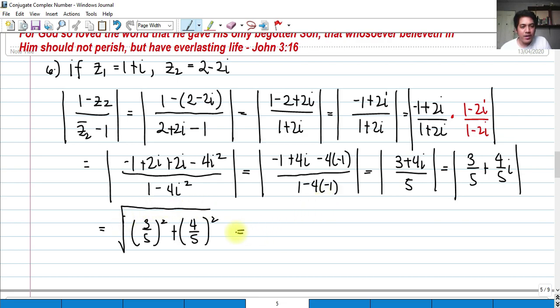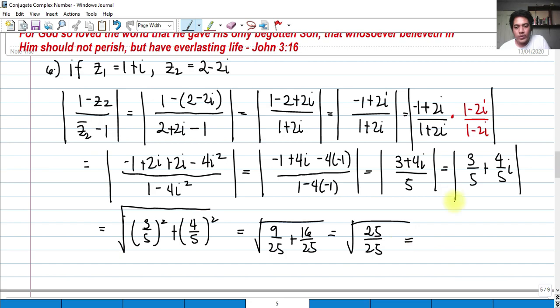So what will happen here is that we have 9 over 25 plus 16 over 25. We can add this because they have the same denominator, 25. 9 plus 16 is 25 over 25, of which we know that that should be the square root of 1, and the square root of 1 is only equal to 1. And that's our answer for this problem.